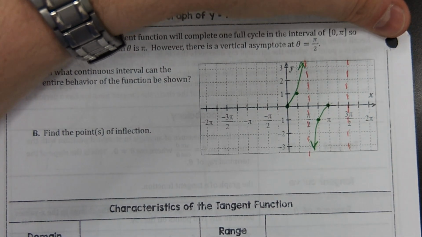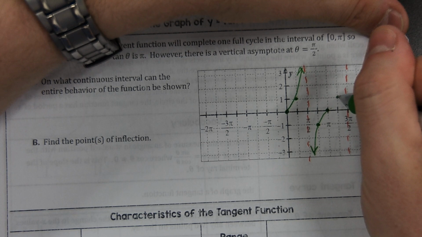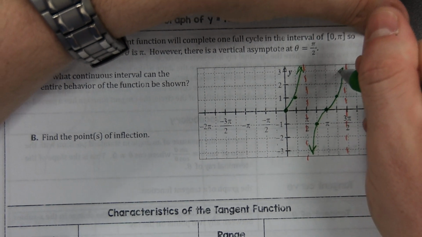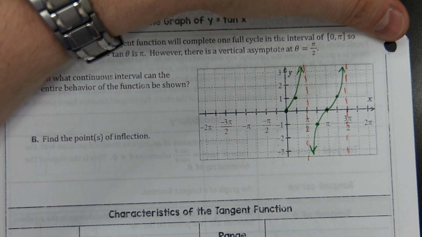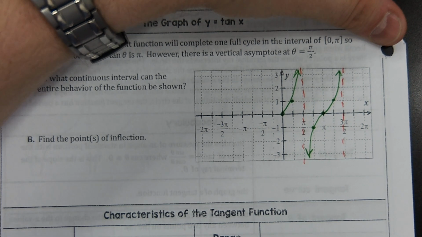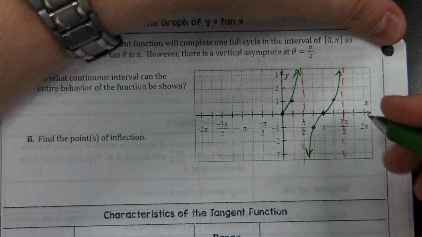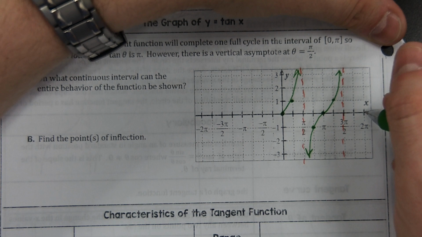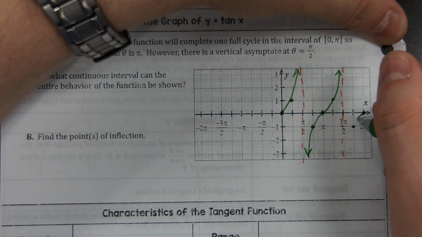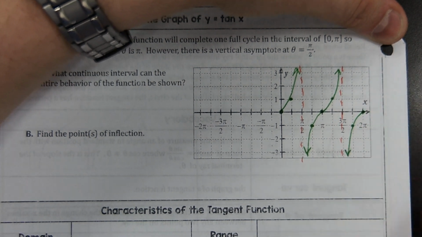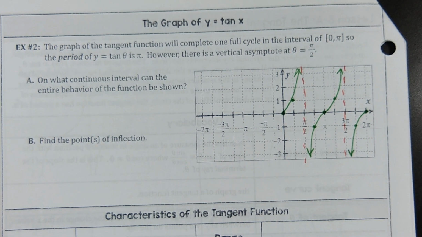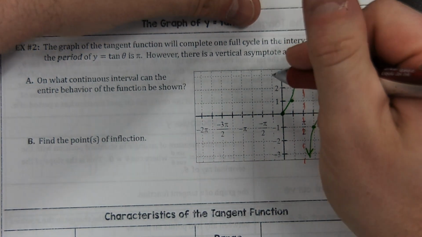So let me put a copy of quadrant 1 into quadrant 3. And then I can copy quadrant 2 into quadrant 4. And if I could do that going right, I could do the same thing going left.